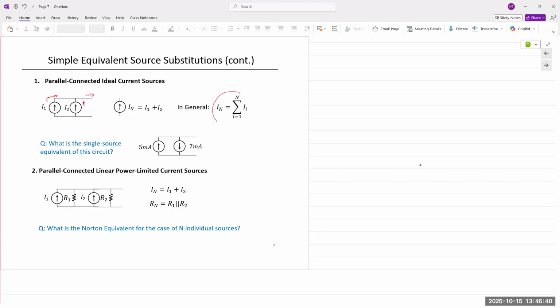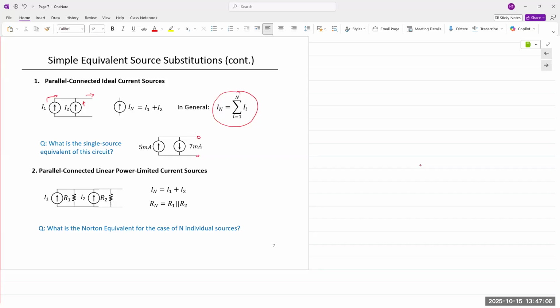So in general, Norton current for current sources is simply the sum of the two. Similar to the example of the voltage sources where we apply KVL to determine the total output, we can apply KCL to determine the total output for this.